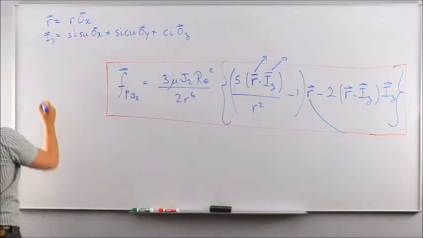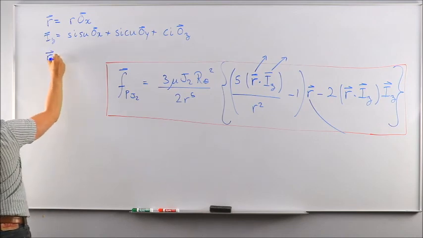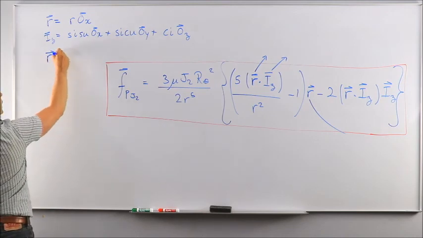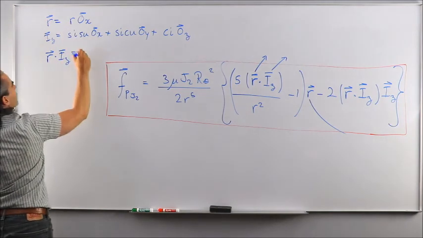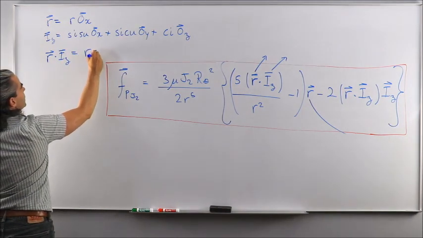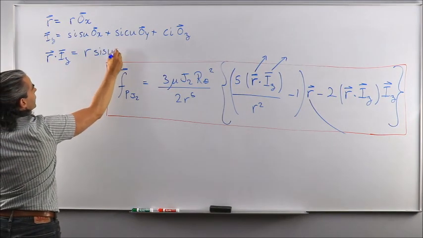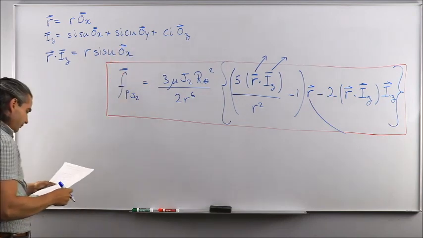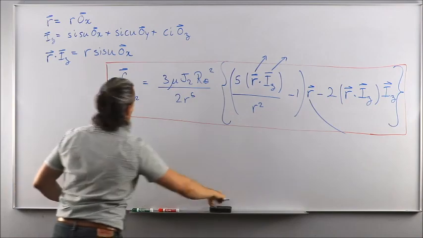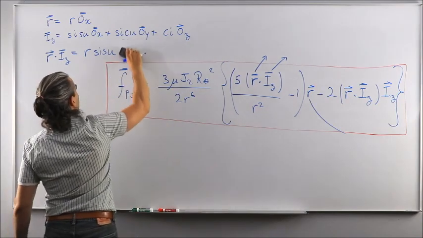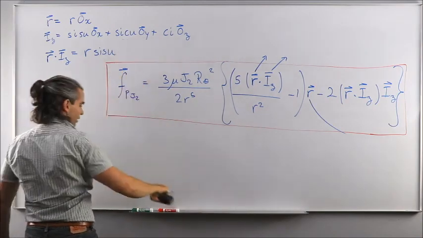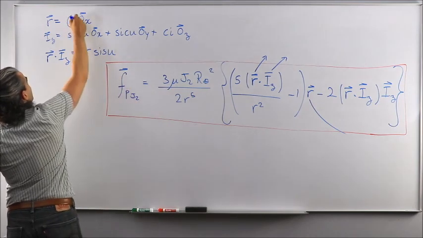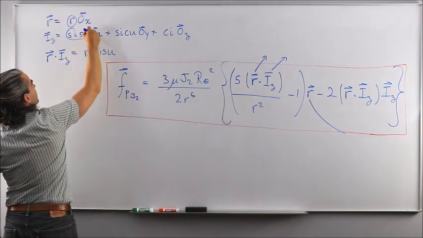And if you do so, you will easily realize that our dot product R dot IZ will simply be R times sine I sine U along OX. Sorry, that is a scalar, obviously, so no vectors involved anymore. So just this times this.